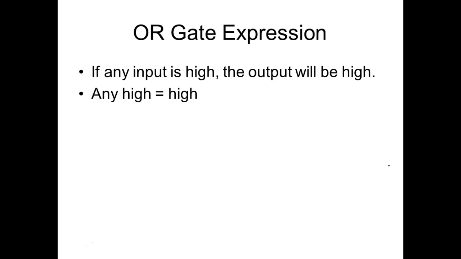So here, an OR gate: if any input is high, the output will be high. And then we have the abbreviation that we use, any high equals high. So this is the symbol for an OR gate. We have this slanted input, and then this drops down like that.